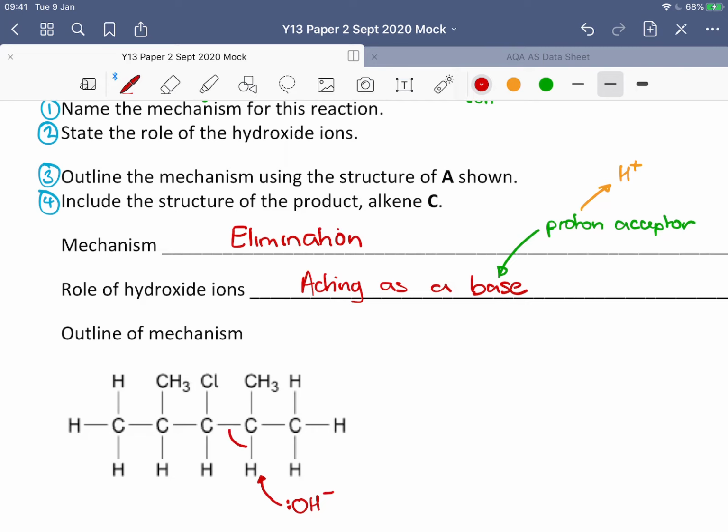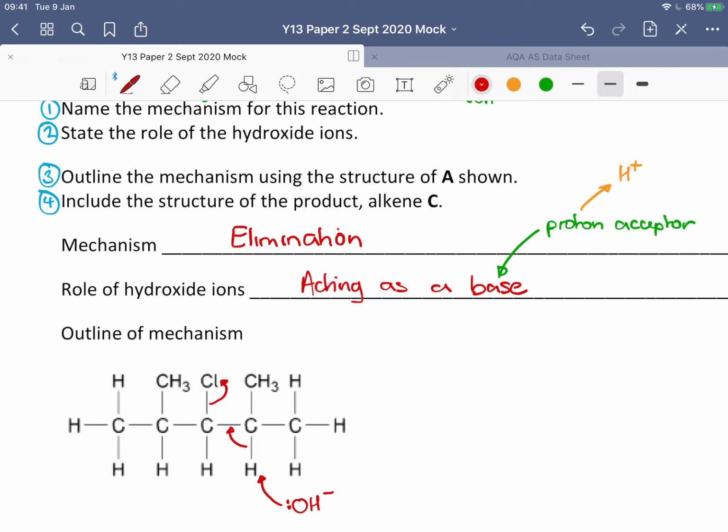The pair of electrons in that carbon-hydrogen bond are now going to move to become the pi electrons, if you like, in what will be the carbon-carbon double bond, and the chlorine is going to leave. So one thing to remember is that in both of these halogenoalkane reactions, the chlorine is lost.